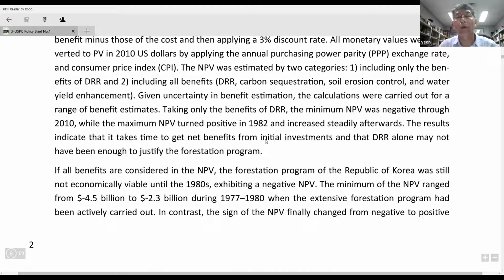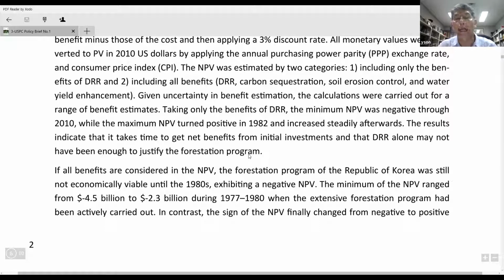You should wait a few years to see the actual net benefit after reforestation. Later, I will tell you again, intensive, rapid investments would shorten the waiting period, okay? And DRR alone may not be enough to justify the reforestation program.